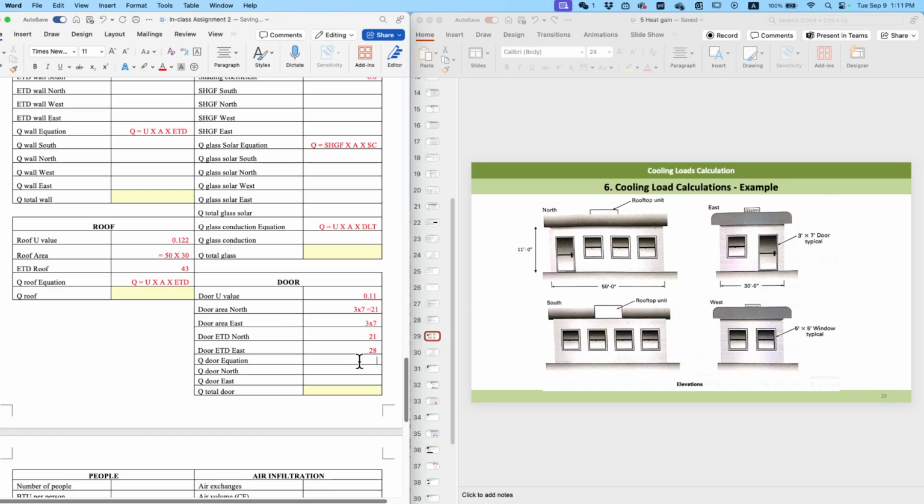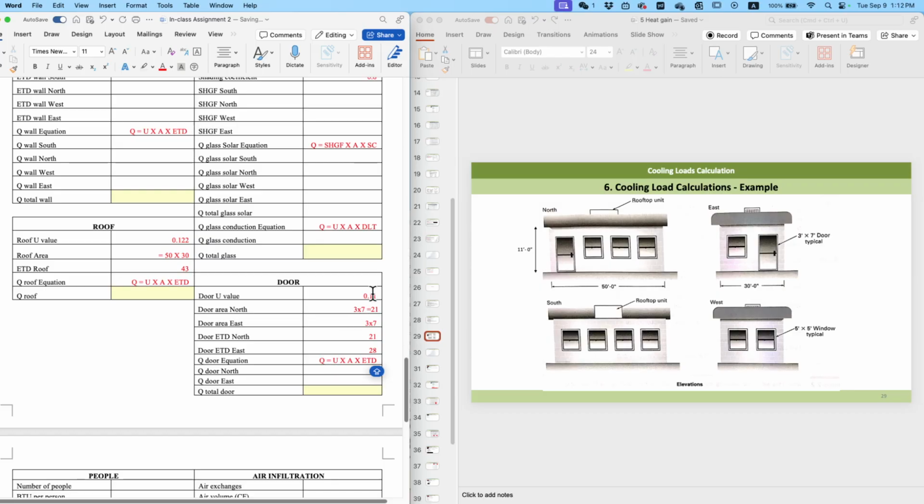And how about the door equation? Same as the ones we used: U times A times ETD. Okay, ETD is different for north and east, so you have to calculate door heat gain separately for north and east.